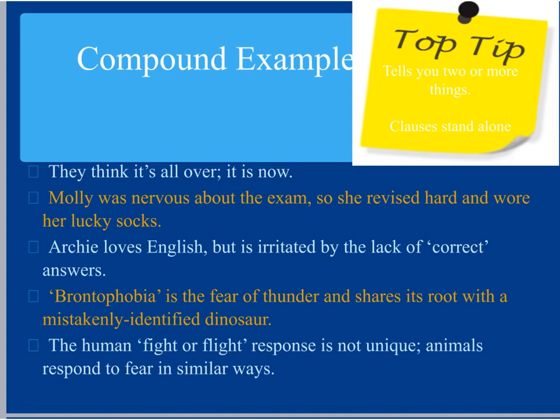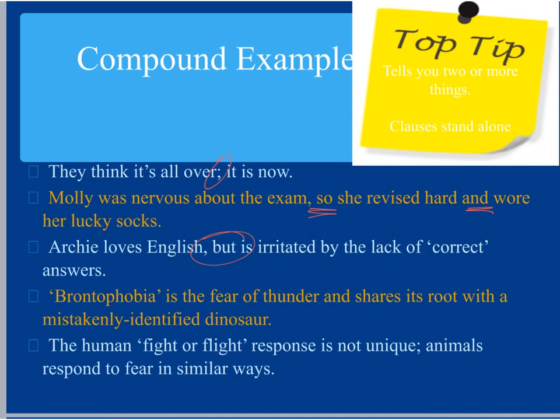So where are you compounding them? Well, you're going to use some legitimate glue that's not a comma. So it could be a semicolon. They think it's all over. It is now. It could be a connective word. Molly was nervous about the exam, so she revised hard and wore her lucky socks. Archie loves English, but is irritated by the lack of correct answers.